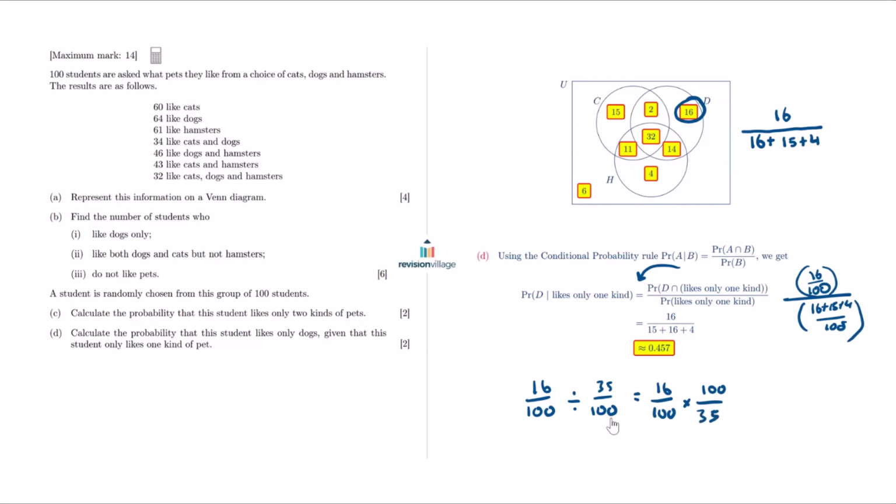Then if we cancel common factors on the top and bottom, the hundreds cancel, and I end up with just 16 on 35. The shorthand is that if we have a fraction on a fraction, the two denominators cancel out, just leaving 16 over 35. That lines up with what we did visually earlier on. Either strategy is fine, and we end up with a final answer, rounded to 3 significant figures, of 0.457.